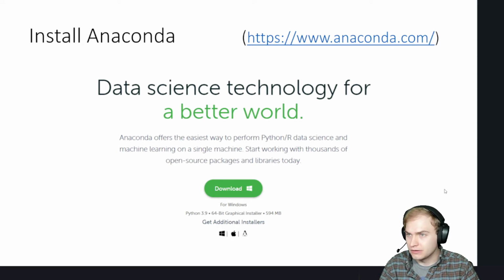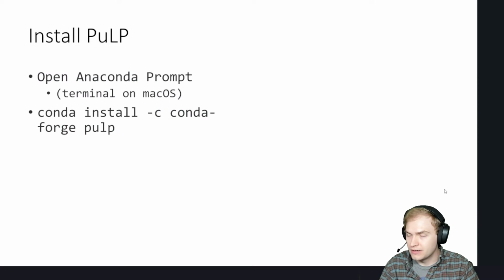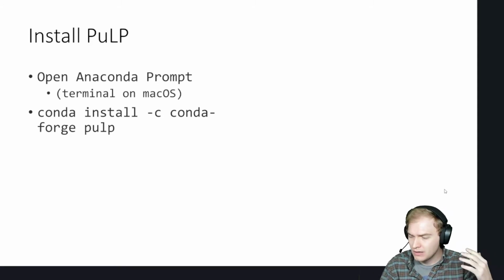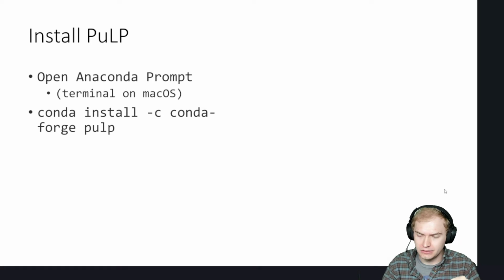So the next thing you need to do to get PuLP after Anaconda is installed, I think you probably need to restart your machine, and you're going to open up, on Mac, a terminal, which is sort of a command line interface.